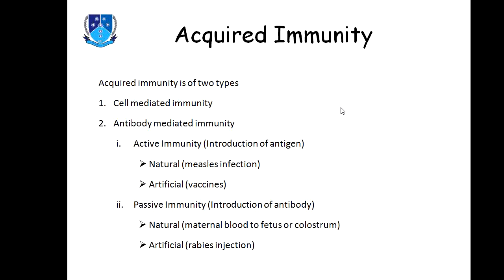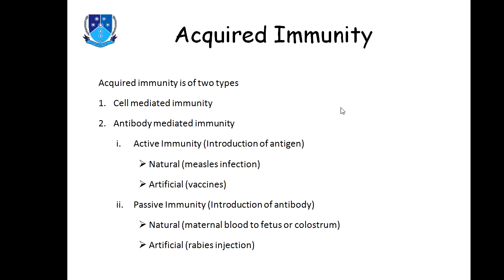So antibody mediated immunity is also specific, but it has two major types: number one, the active immunity, and number two, the passive immunity. The active immunity is provided with the help of antigen, with the help of introduction of antigen to the host.